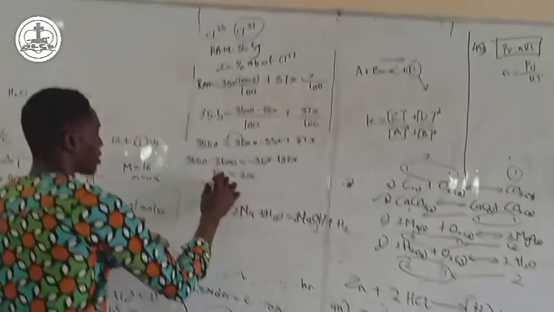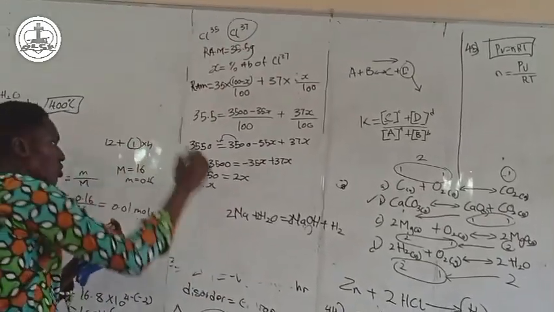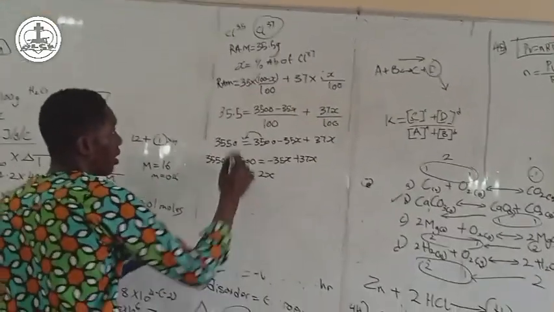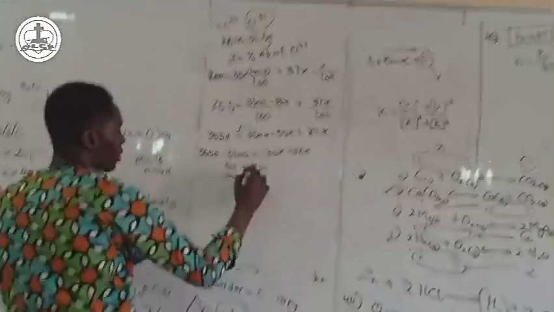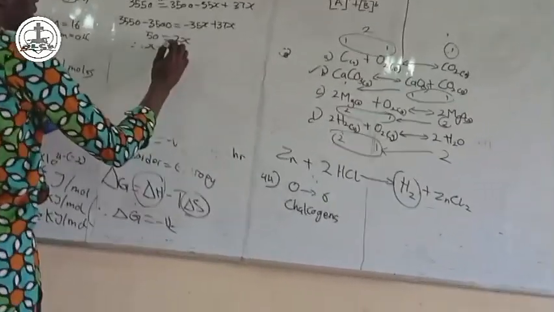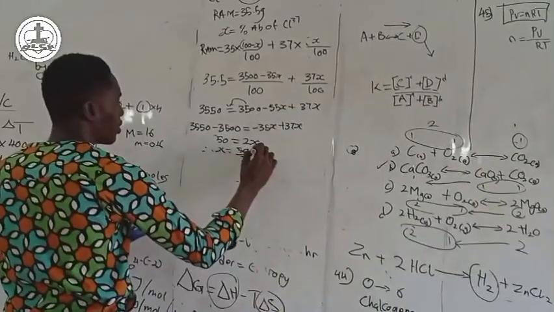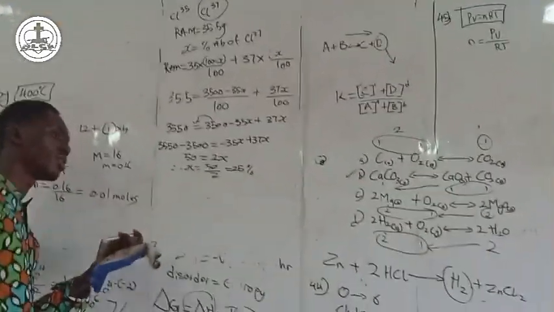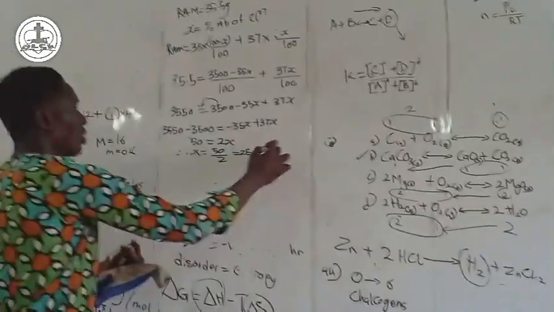So x, which is the percentage abundance of chlorine 37, is 50 over 2, which gives us 25 percent. So this is for chlorine 37.